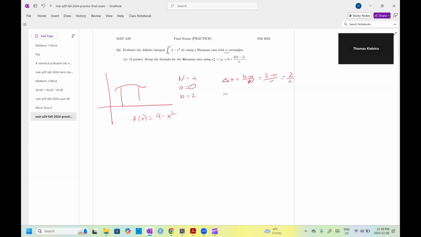Now I want to compute what xk star is. Well, it turns out they gave me xk star is 2k minus 1 over n.